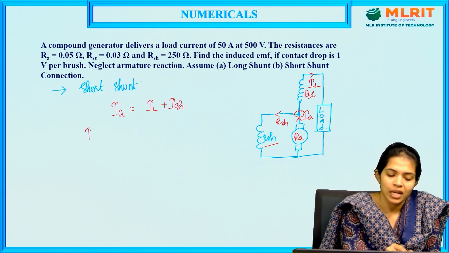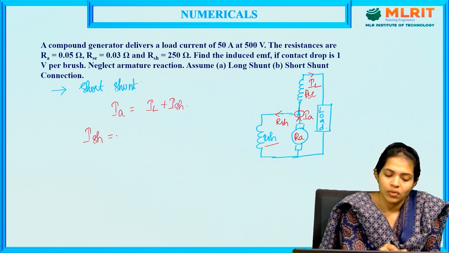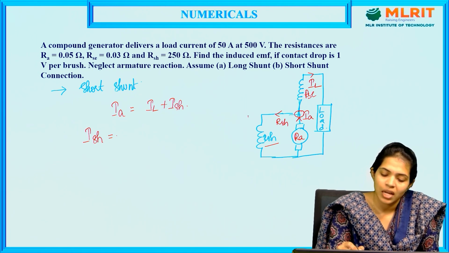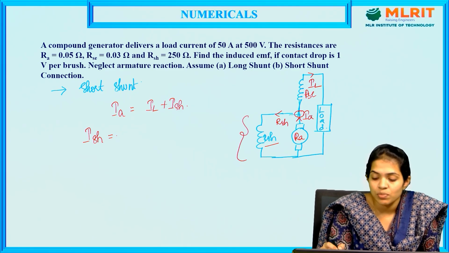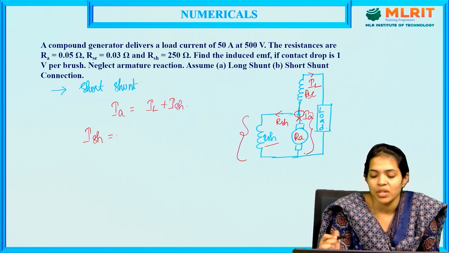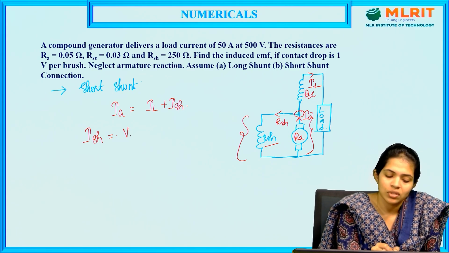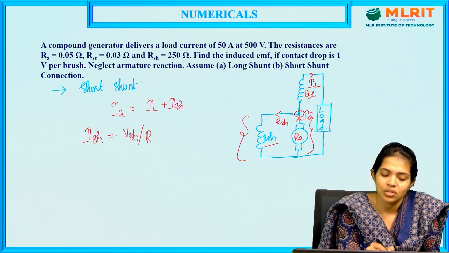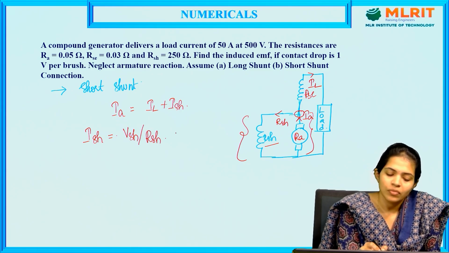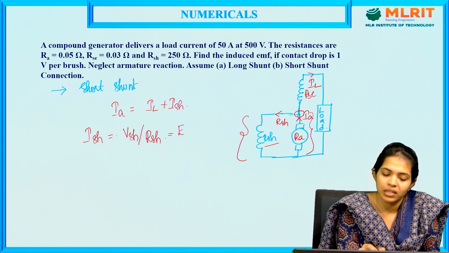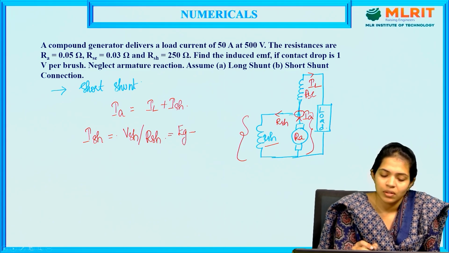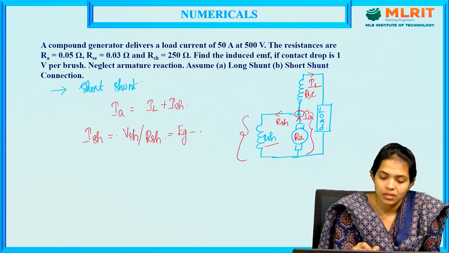So to calculate ISH now, the only voltage being reflected is across the armature terminals. As we have the shunt field winding only connected across the armature terminals, ISH is nothing but VSH by RSH. This VSH will now be EG minus IA.